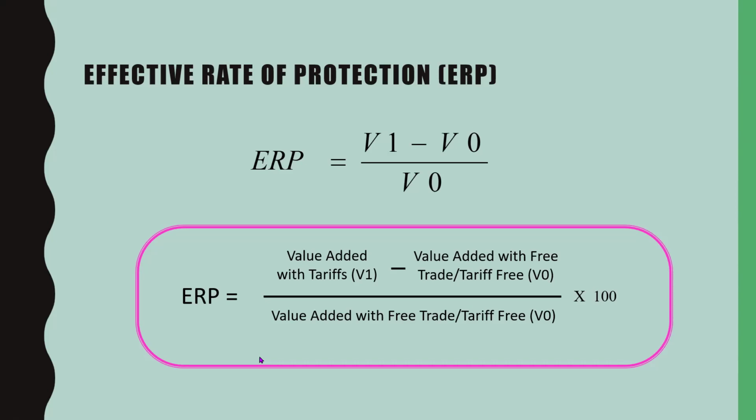So in business studies, ERP is enterprise resource planning. In economics, ERP in this case is effective rate of protection.